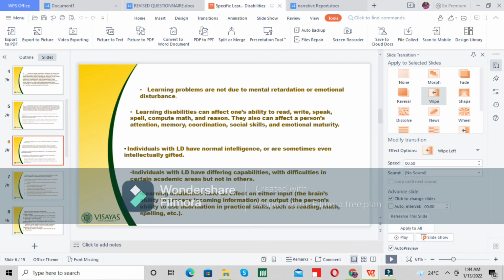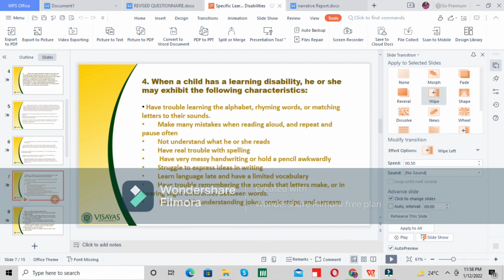The next one, or actually this is the last part, bullet point. When a child has a learning disability, he or she may exhibit the following characteristics. So here it goes, the characteristics of those who have learning disabilities.